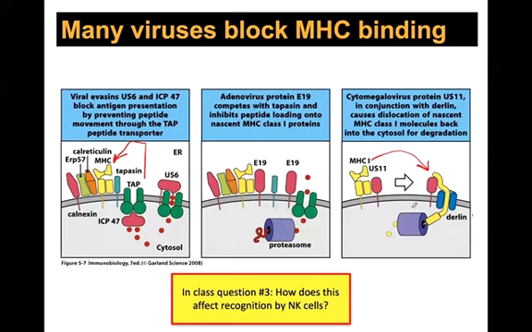And so an NK cell will come along and see a cell that doesn't have MHC on the surface, and so you don't get the don't kill signal. So the cells that do this are still able to be recognized by NK cells. The lack of MHC that would normally provide a don't kill signal is gone, and so therefore the NK cell says, aha, this cell's infected, I need to kill it.